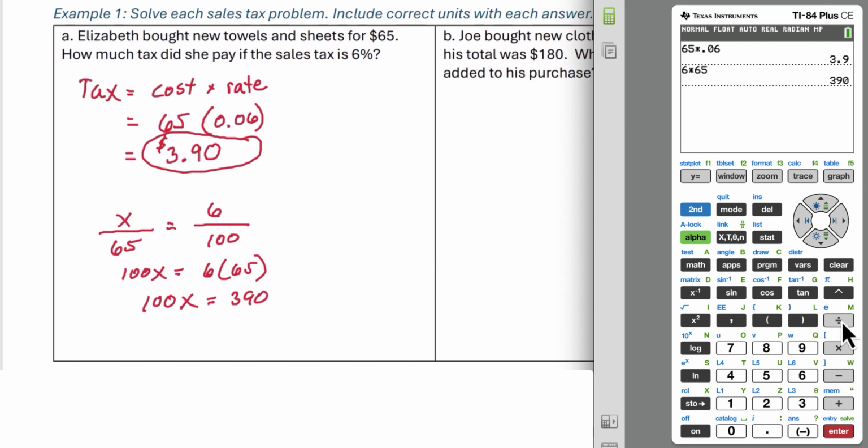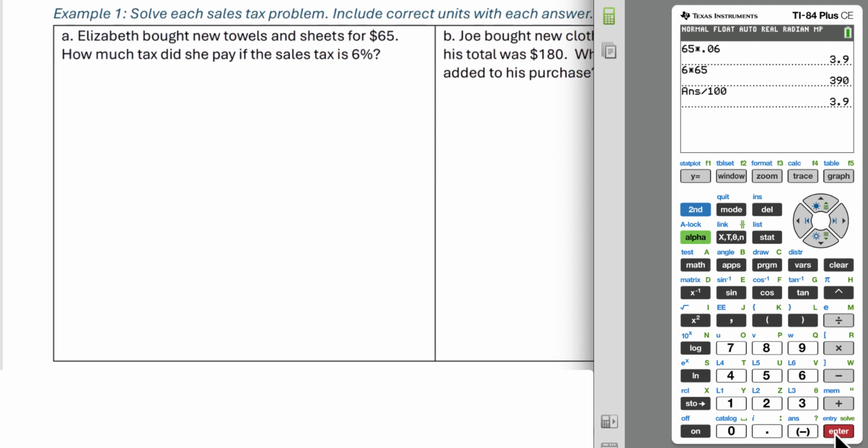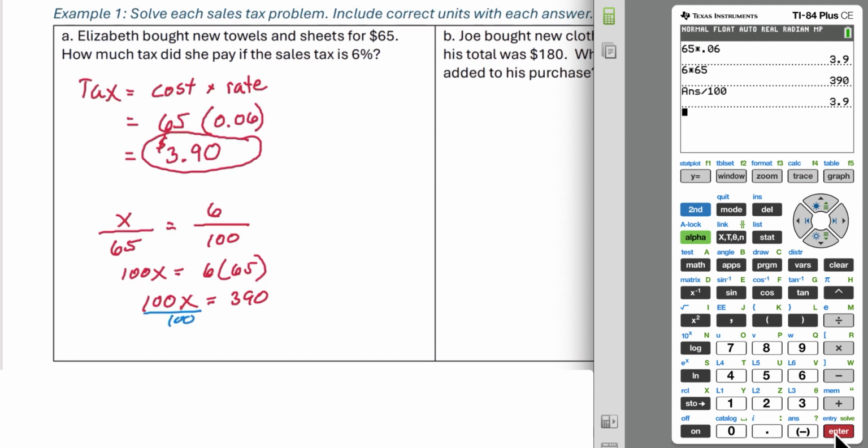Then we divide that by 100 to get x equals 3.9, or again, $3.90. So you can see in both methods, we get the same answer. We can use the equation or the proportion, whichever works best for you.